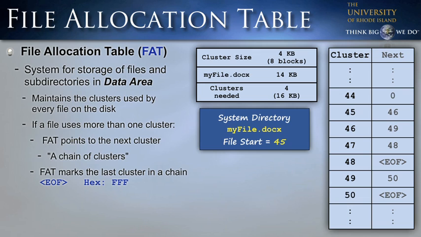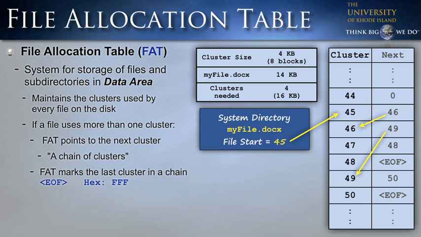In the system file directory, the entry for our document will have the location of the first cluster in the chain. In our example, that's cluster 45. We use that as an index into the FAT. To look at the second cluster in the chain, we look into the second column, and we see that it is cluster 46. The next cluster is cluster 49, and notice that it is acceptable to jump around in the table.